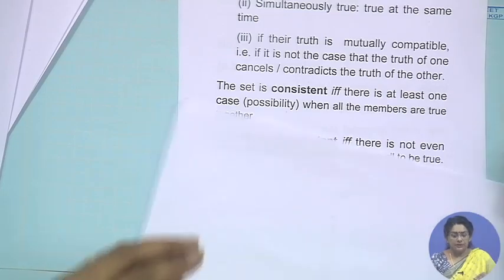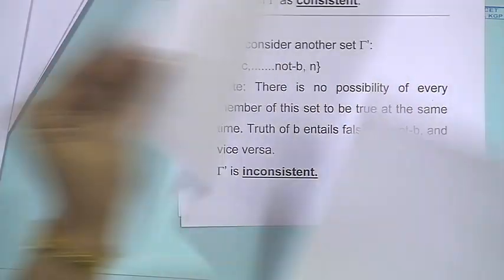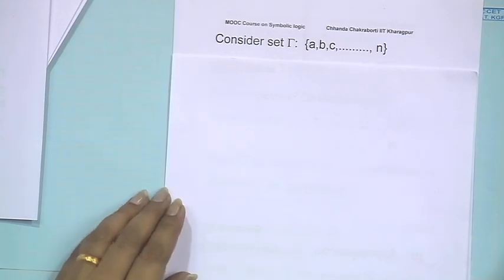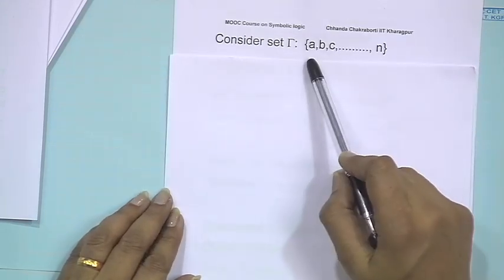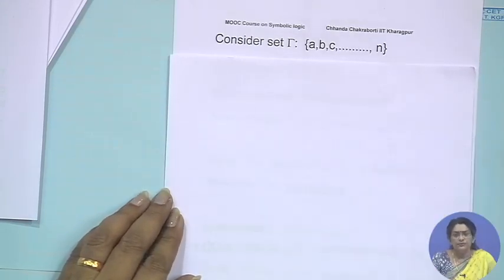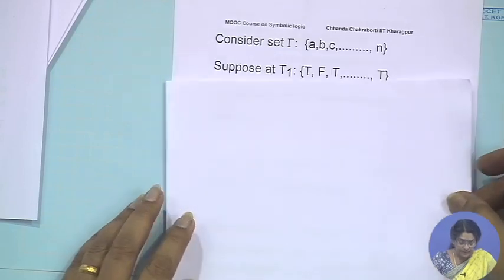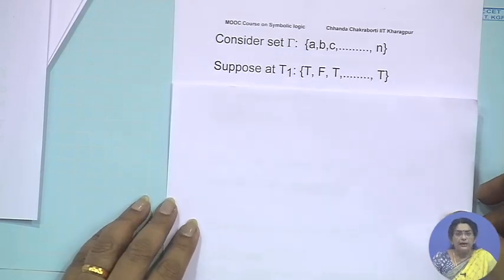Let us follow this concept a little bit. I will give you examples so that it stays, and with this we are going to end this also. Consider this set gamma, which has members A, B, C, up to the nth statement, so many members. Now, suppose we are looking at a time slice.